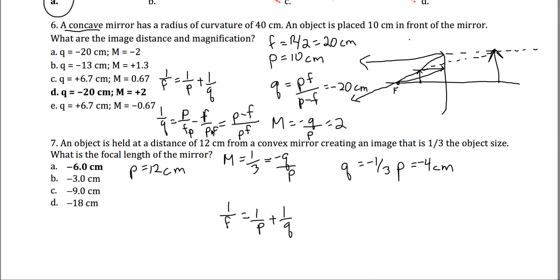If you find a common denominator, just like you did over here, multiply this by q, multiply this by p, and then we get q plus p over p times q, which it might be easier to write p plus q. And then we see that f equals p times q over p plus q. We plug in, our q is negative 4, p is 12, and we'll get negative 6.